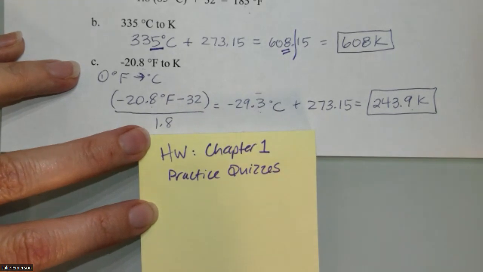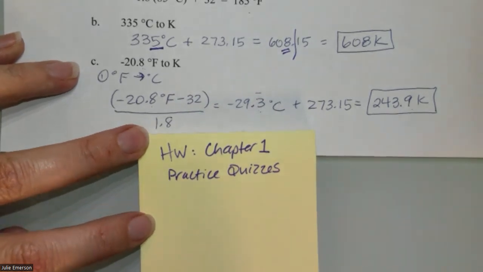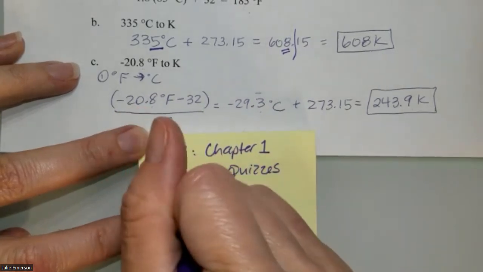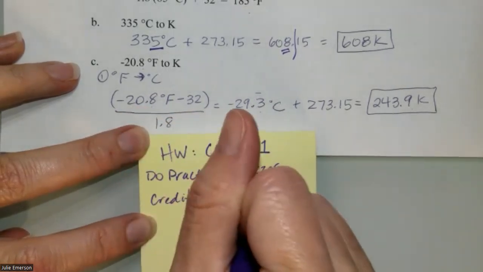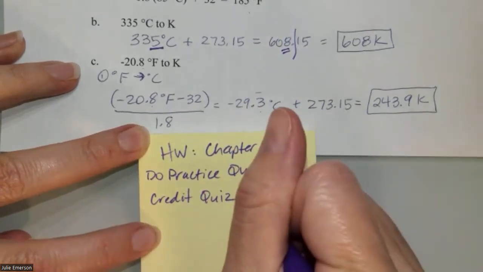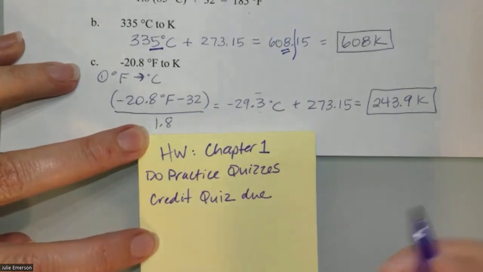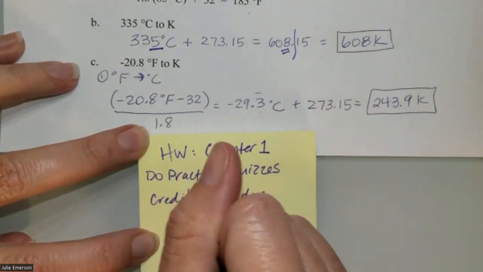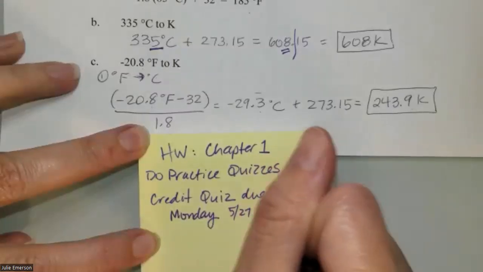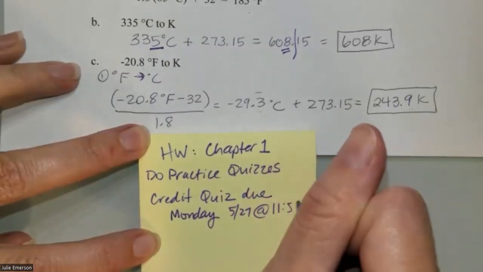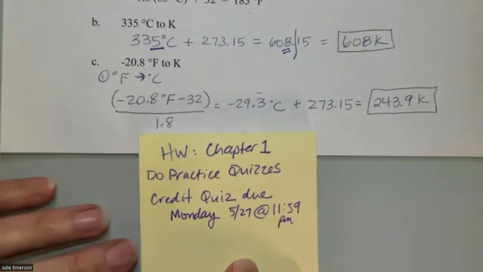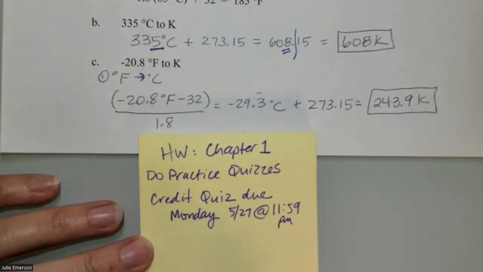Unlimited time. It's just a good way to help practice the material. The credit quiz is due. This one you can't leave till the end of the semester. You've got to do it. Today's Tuesday, so it's going to be due Monday, which is the 27th at midnight. Technically it's 11:59 p.m., just so it shows up on the right day on the calendar. If I put it in as midnight, it shows up on the wrong day.